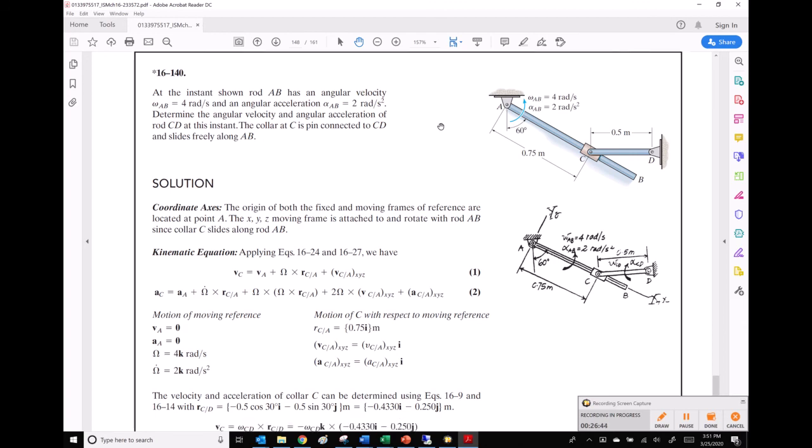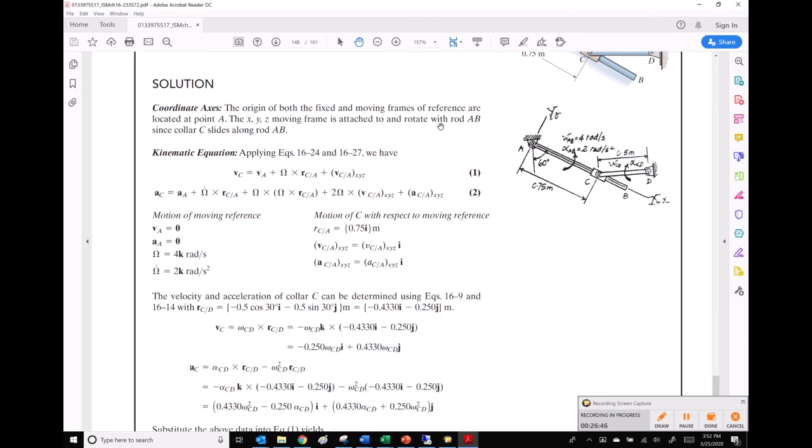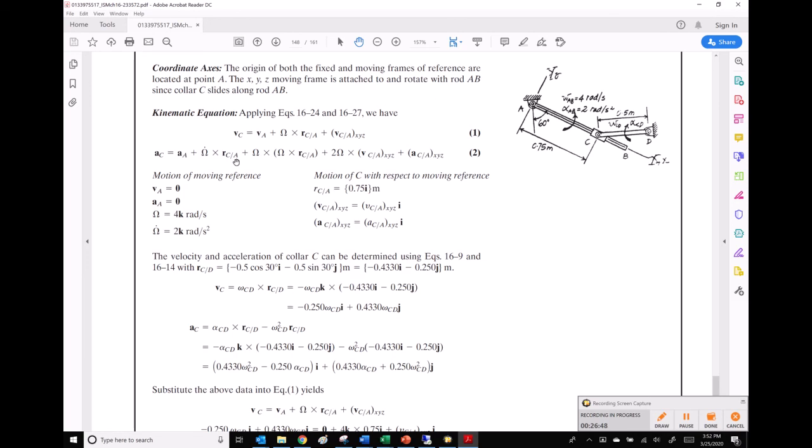So here's the method that they use in Hibbeler to solve this problem. You can see they have a different notation. They have things in a different order, but it's all the same thing. By the way, they're using the three-dimensional version of these equations right here. So you'll notice that we have that omega cross, parentheses, omega cross right here, and that's capital omega.